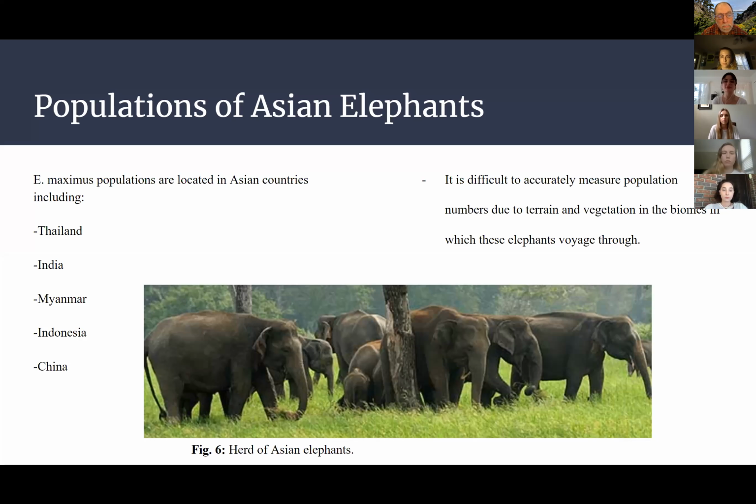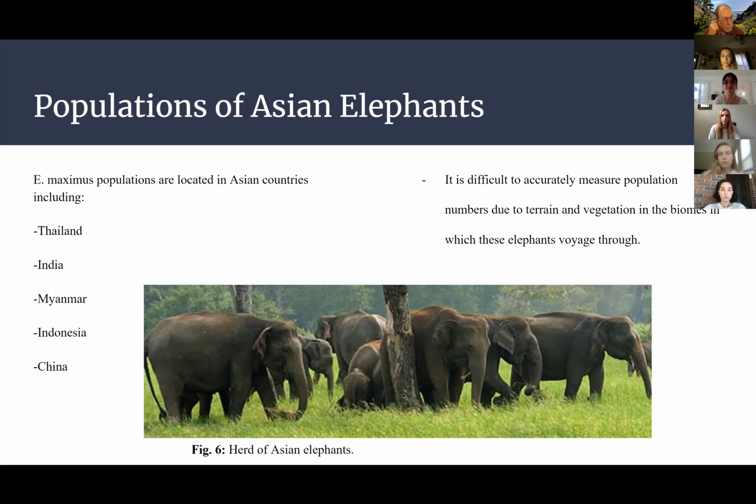Although these are estimates, it's difficult for scientists to collect accurate data regarding the elephant populations, especially in areas with dense vegetation and difficult terrain, which make certain measuring techniques incompetent. So that makes it challenging to find recent population numbers of Asian elephants. And many of the data available are from before 2010.